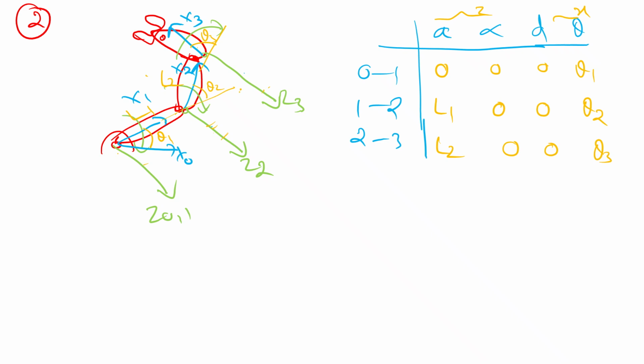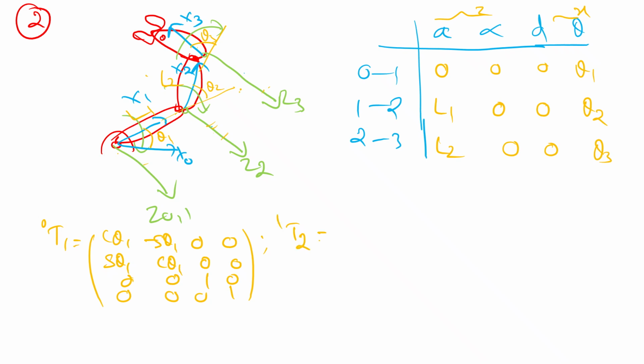So if you substitute based on the formula, you will get T10 equal to C theta 1, minus S theta 1, 0, 0, then S theta 1, C theta 1, 0, 0, 0, 0, 1, 0, 0, 0, 0, 1. Next, T21. All are the same, only you have the difference L1, L2.